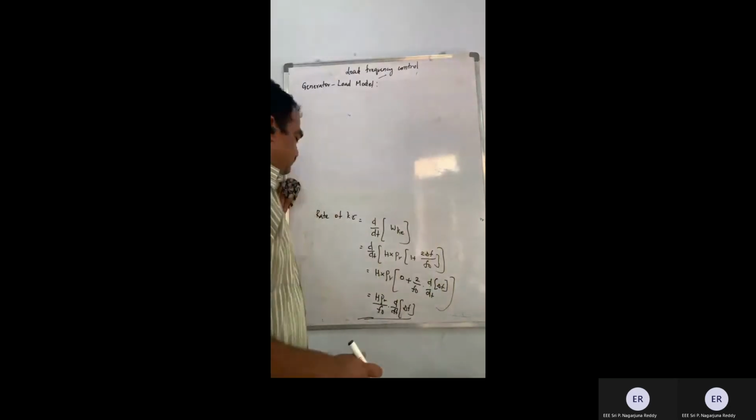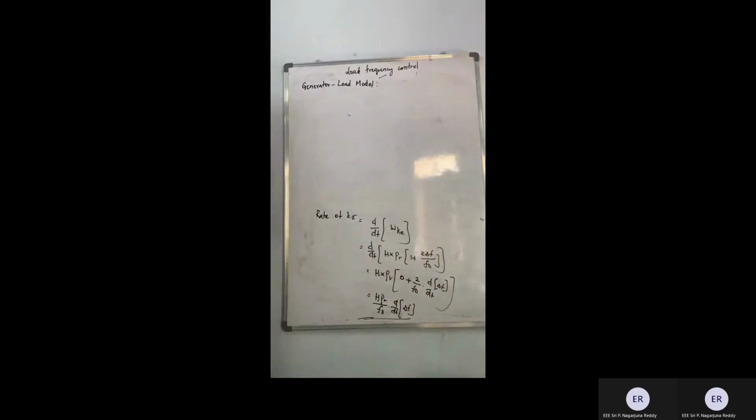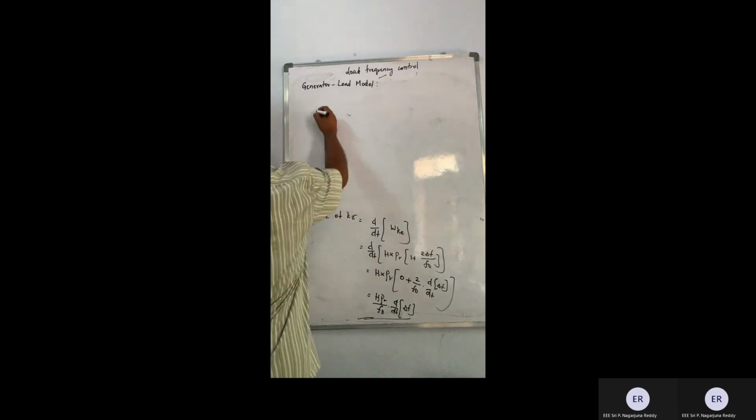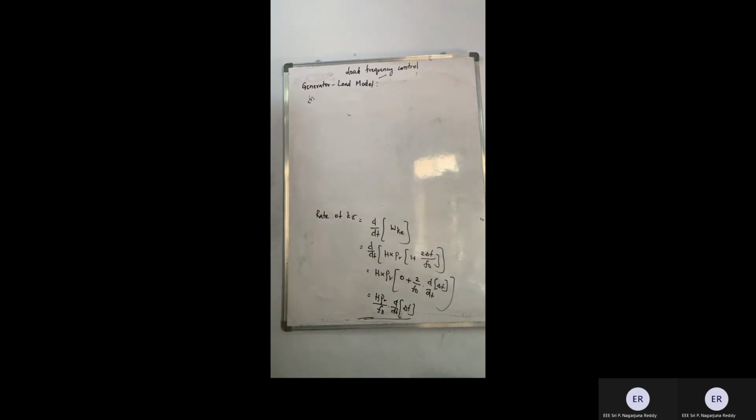So this is the first thing. I'll keep it like this itself. The second thing is, normally what happens is, this is the second way of accounting delta PG minus delta PD.